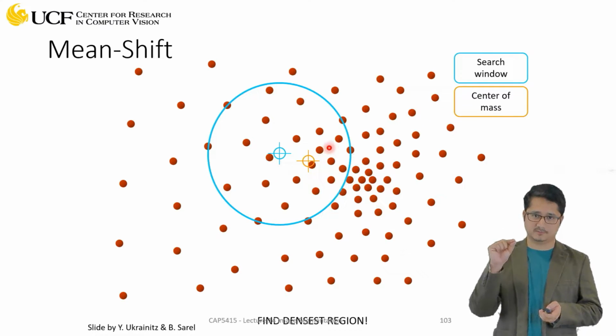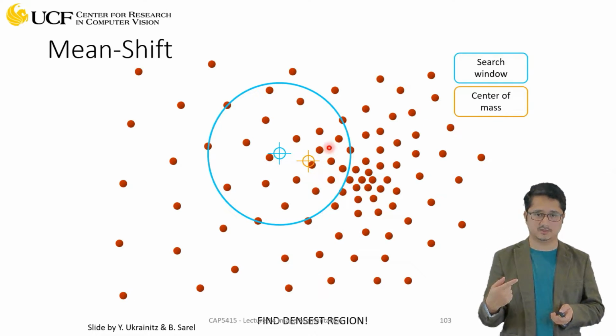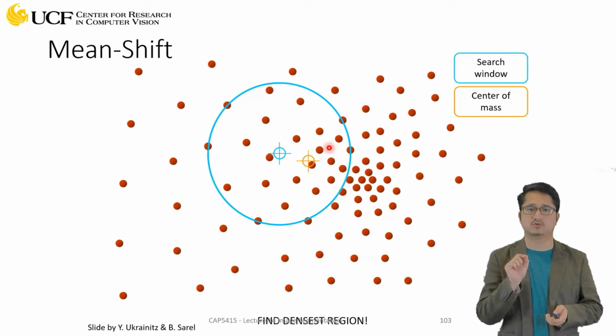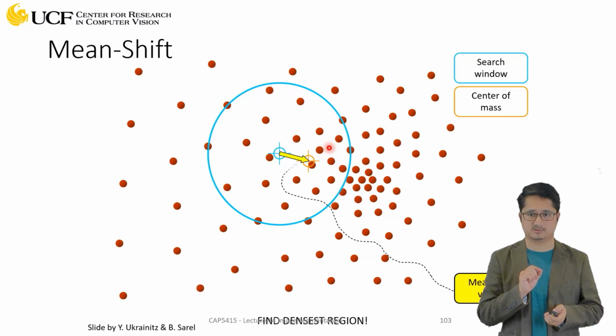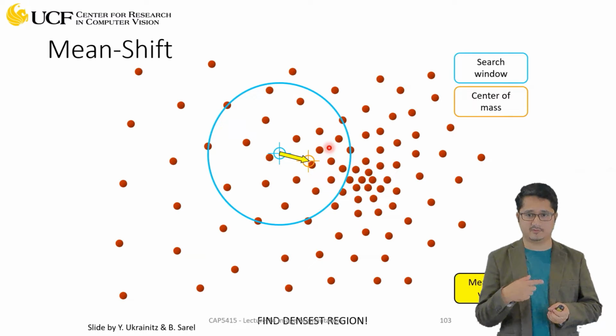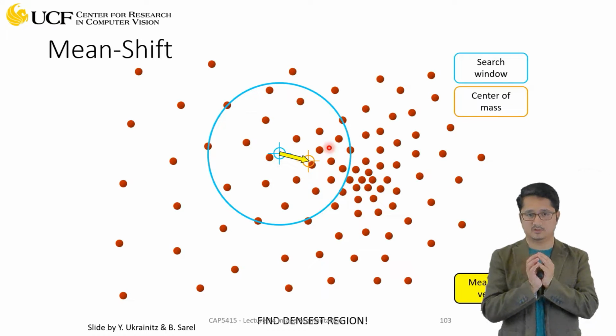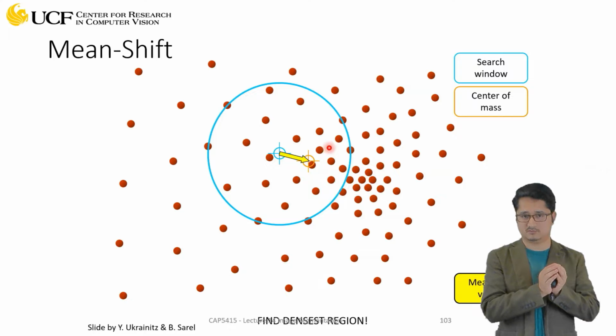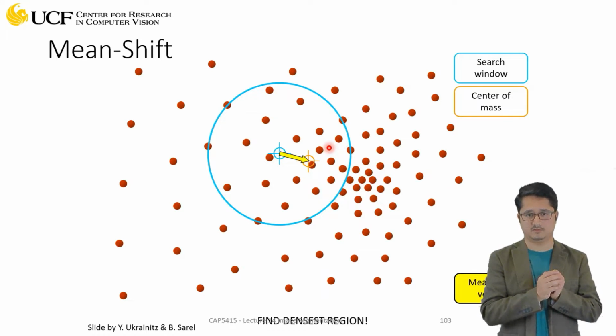Okay, so you can also say it's kind of a center of mass. So when we iterate in this algorithm, we try to move these randomly initialized points toward these high density regions. And this is called the mean shift vector, because what we are doing is computing the mean and then shifting the initialized center towards this mean. Okay.